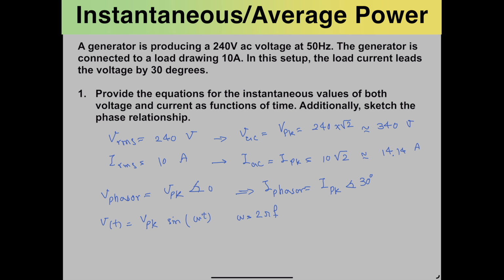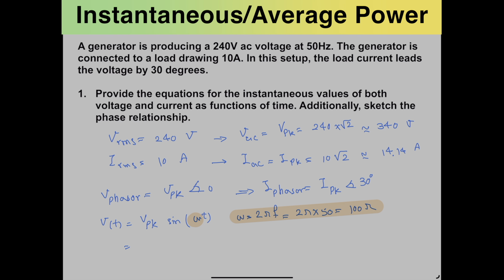Since the question is saying that the frequency is 50 hertz, we have 2 pi times 50, or simply 100 pi. So omega is given as follows.